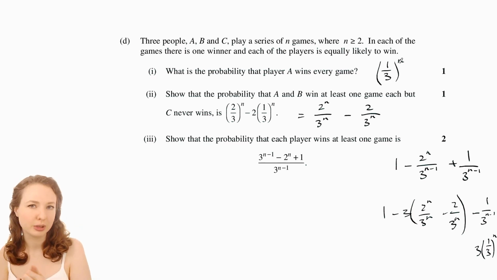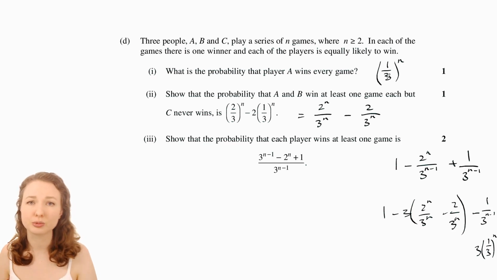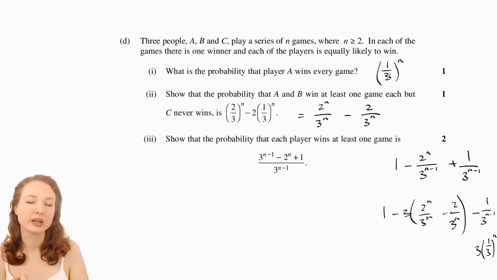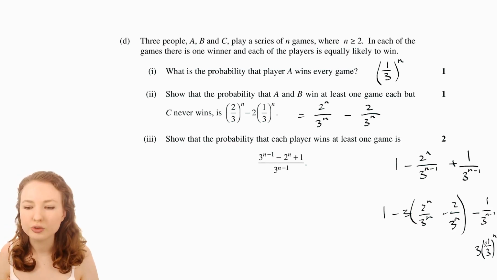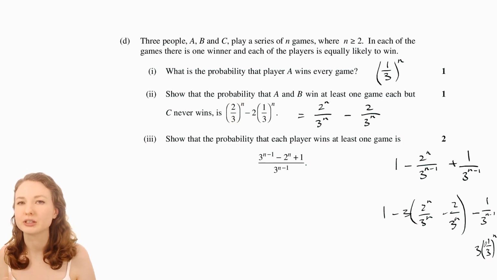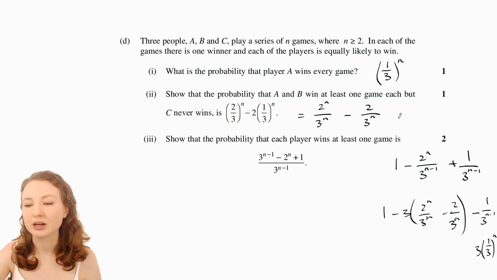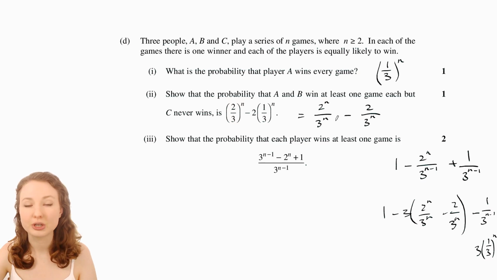Because there's 3 different players, that can be that times 3, because you've got A winning every game, or B or C winning every game. So that gives you that bit. Or you've got just 2 players winning every single game. So that would be 3 times this, because you've got 3 choices for which player doesn't win any.